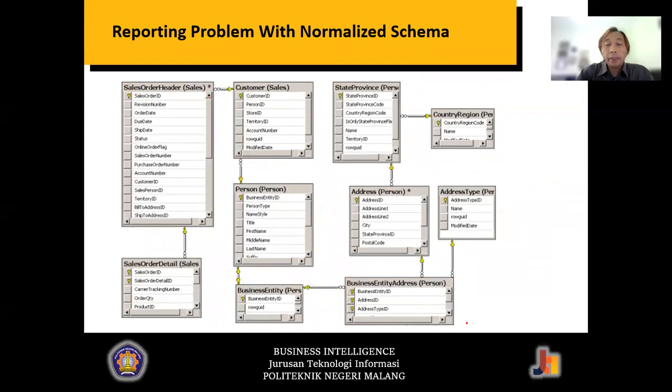Unlike the normalized database, in a data warehouse you don't need this kind of relationship. You need to simplify the tables to become meaningful tables. So sometimes you need to rejoin multiple tables into a single table.